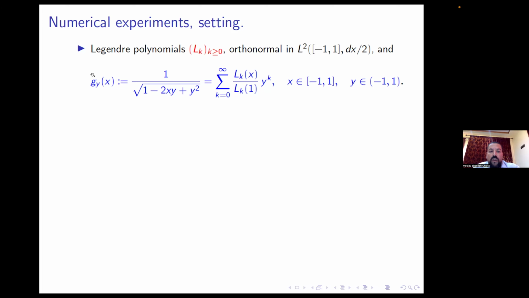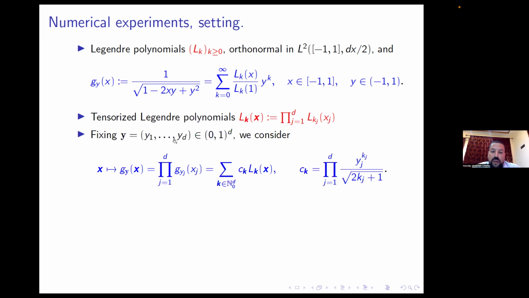And what I have here is what we call the generating function of the Legendre polynomials. Why do I introduce this function over here? So that I can tensorize it and get these kinds of expansions.